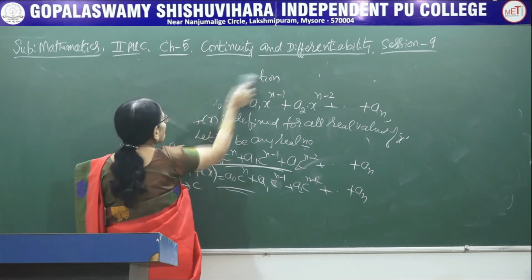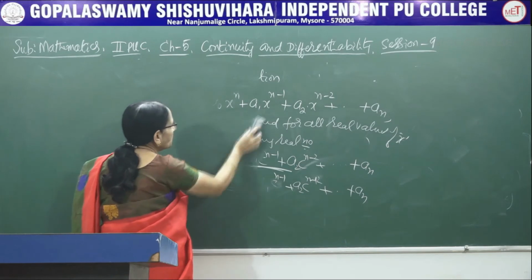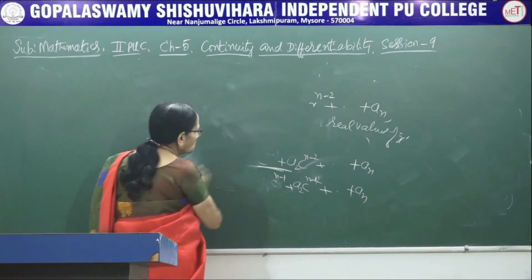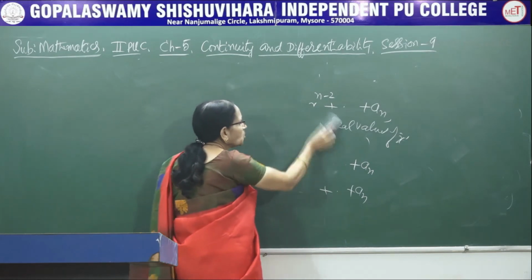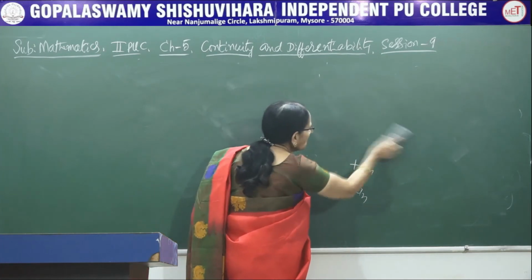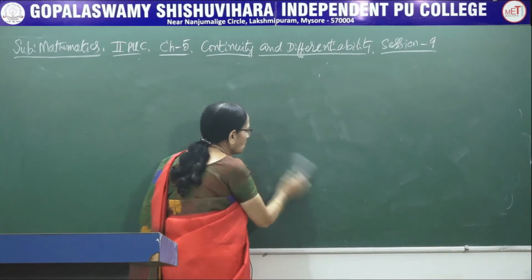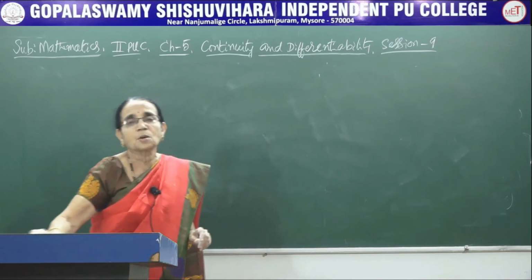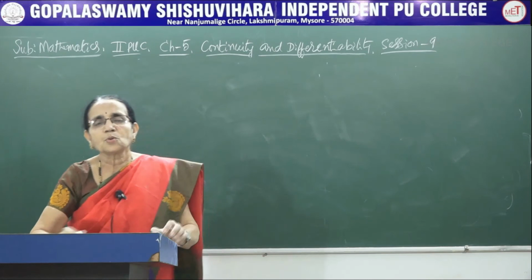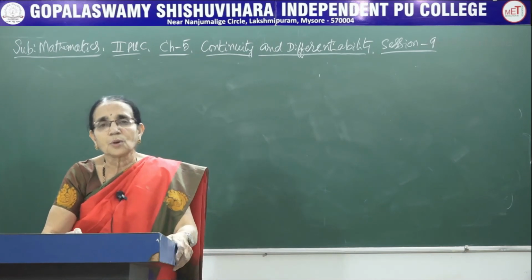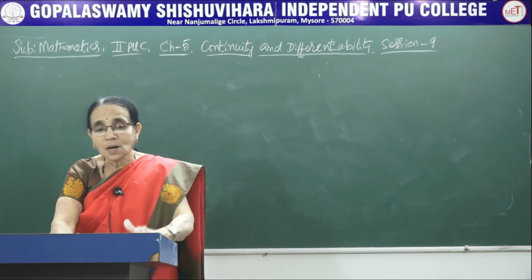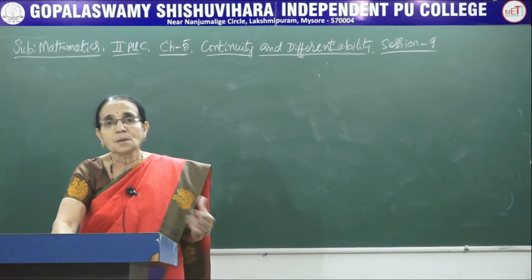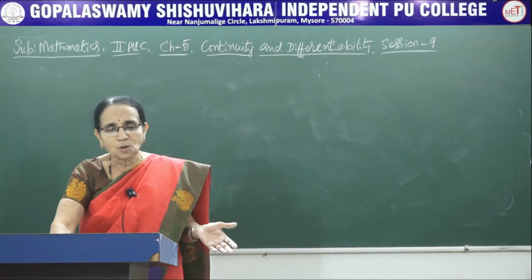Therefore, what is our conclusion? A polynomial function is a continuous function. You may remember that while examining the continuity of many functions, the function was defined as f(x) equal to x plus 1, f(x) equal to 2x minus 3, f(x) equal to 4x plus 3, like that. Then we had not proved this theorem, that a polynomial function is a continuous function.